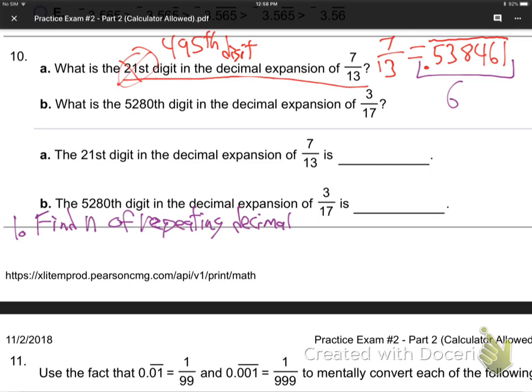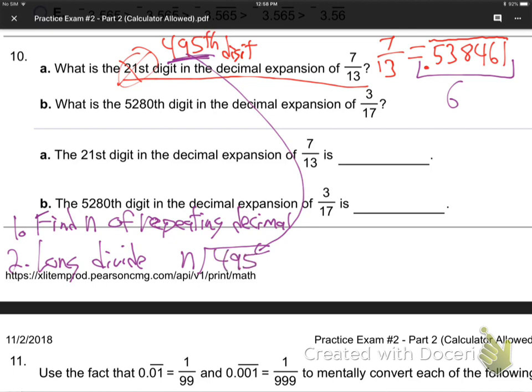Find n, the number of repeating decimals. Step 2. Long divide n into this number, whatever it is, 495 or whatever. And next I'll do step 3.